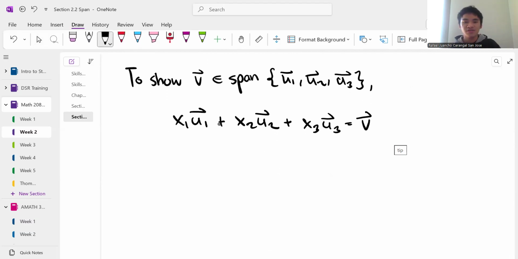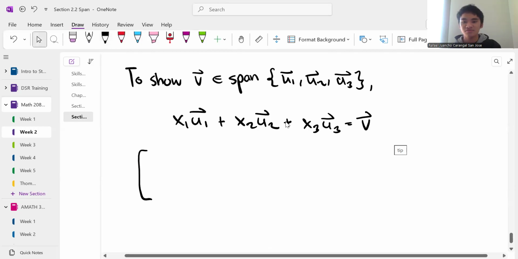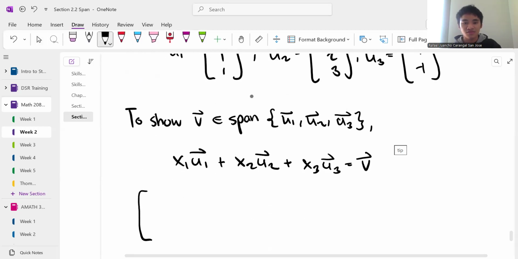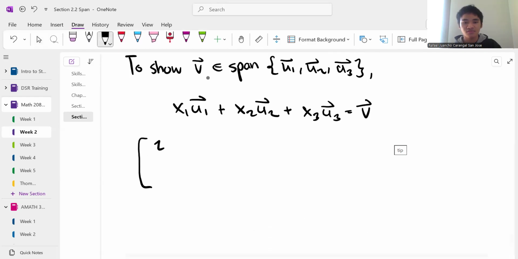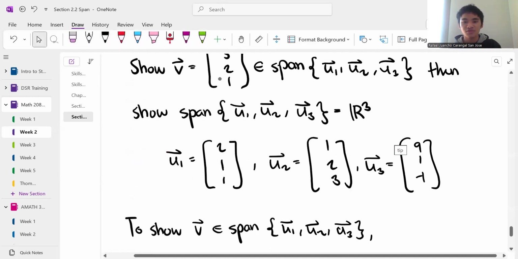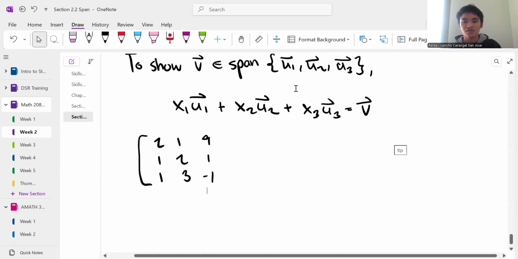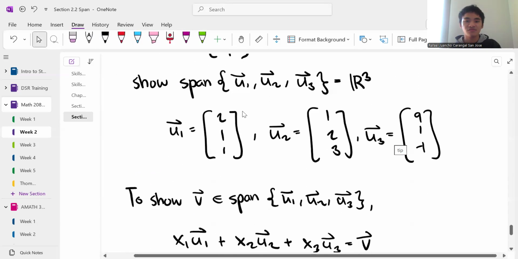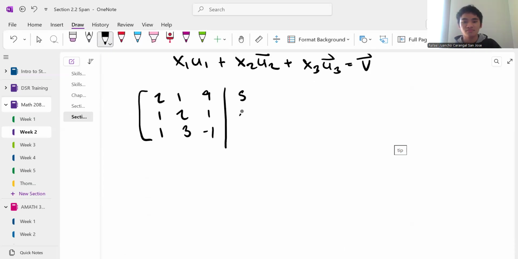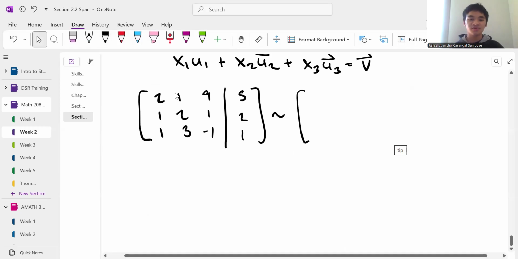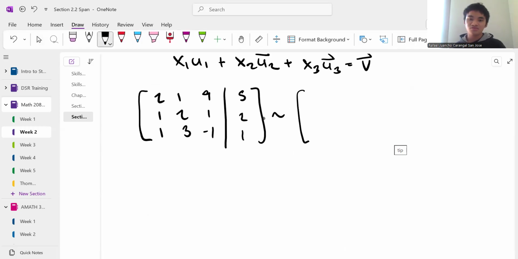I want to show this. So I'm immediately going to write it as an augmented matrix. I'm not going to waste time. We have 2, 1, 1, and then I think it was 1, 2, 3, and 9, 1, negative 1, which would give us the resulting vector 5, 2, 1. Now we do Gaussian elimination, we do elementary row operations, and we see.